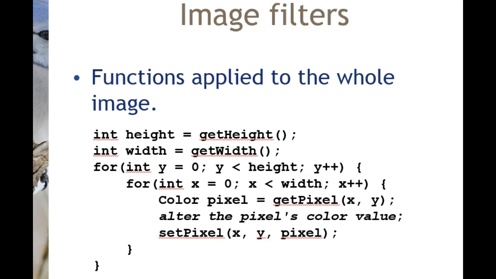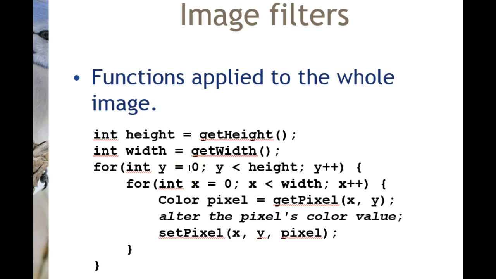A filter is basically a function that's applied to the whole image. The 3 filters we want to have are darker, lighter, and threshold. Darker makes the whole image darker, lighter makes it lighter, and threshold turns the image into a grayscale picture with only a few shades of gray. That's the other thing we will do in our project.